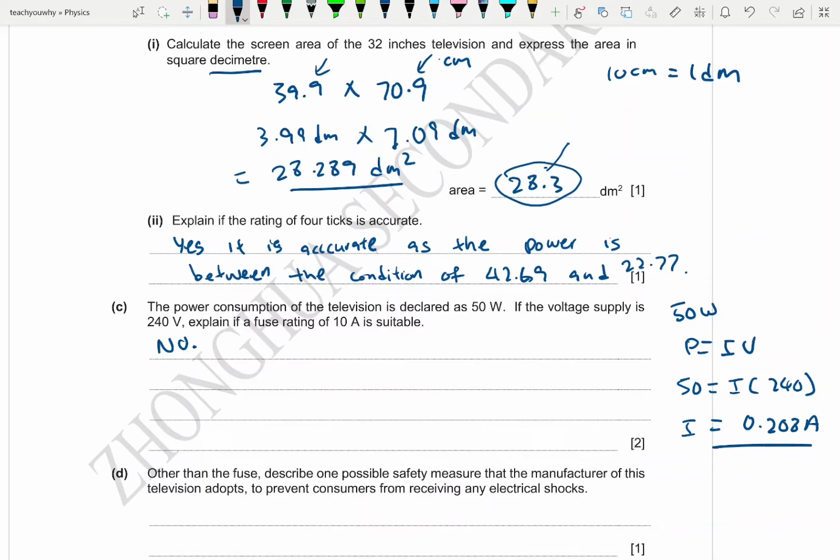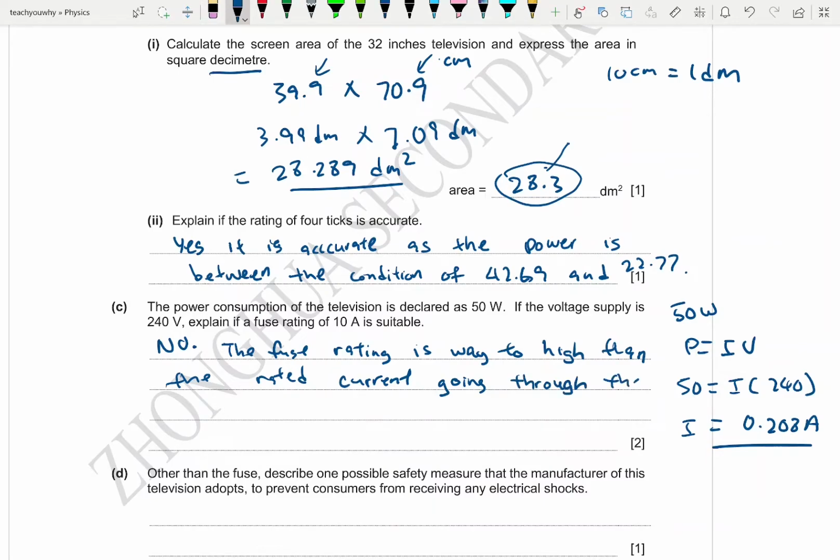It's because the fuse rating is way too high compared to the rated current going through the TV.